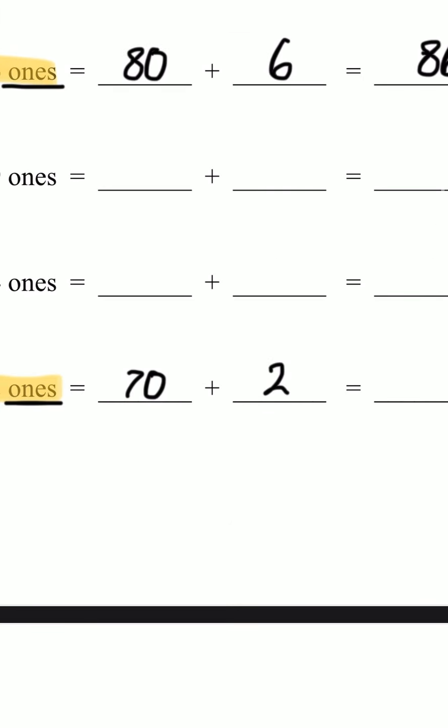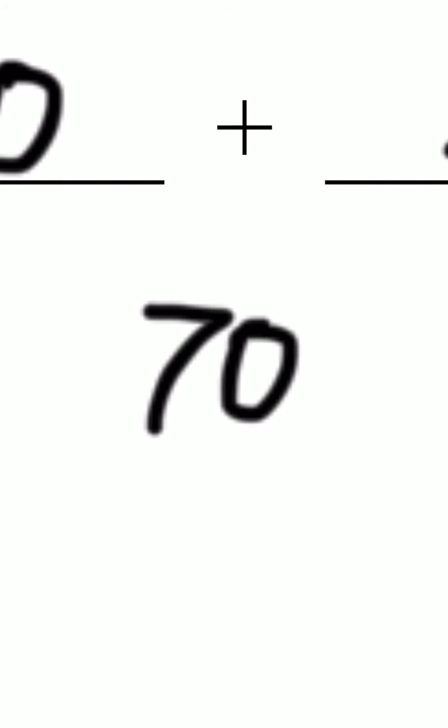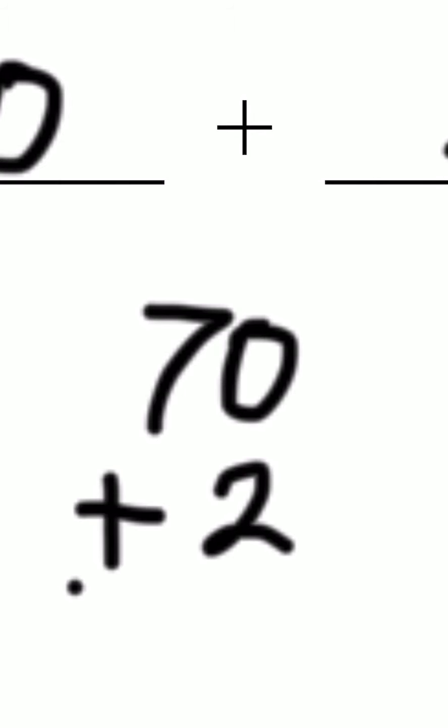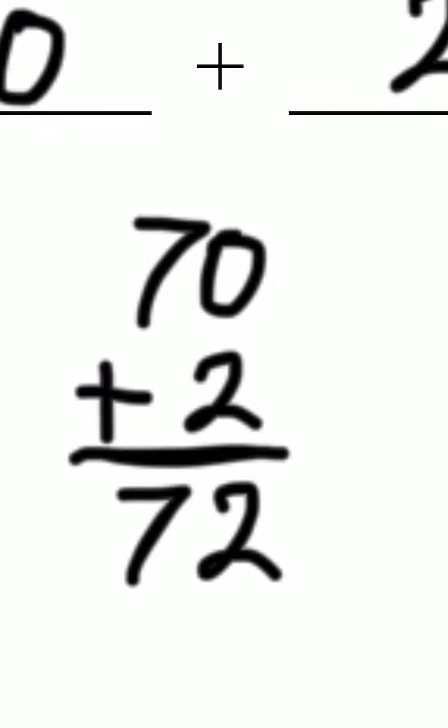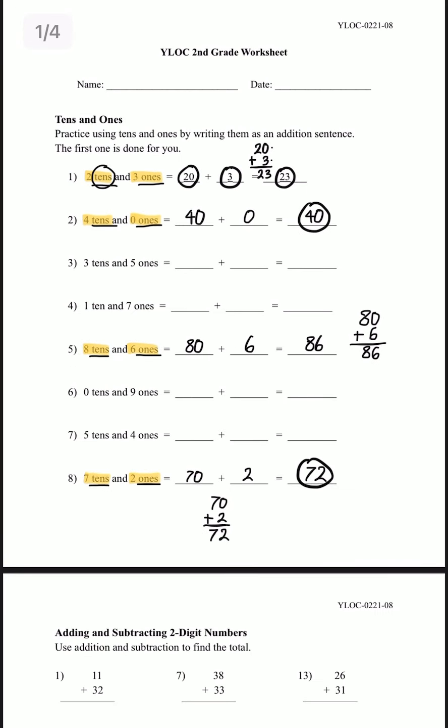Now we need to add 70 and 2. And 0 plus 2 is 2, and 7 plus 0 is 7. So 72 is the answer for number 8. Let's move on to the next page.